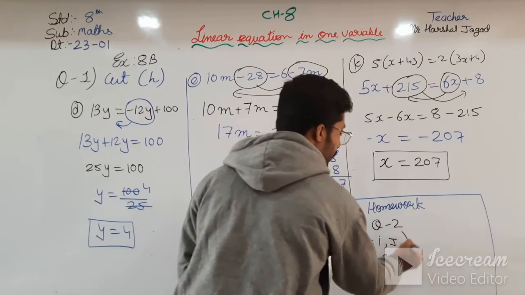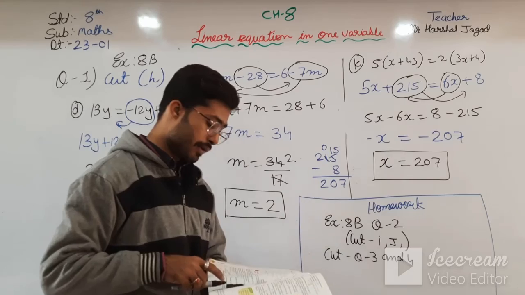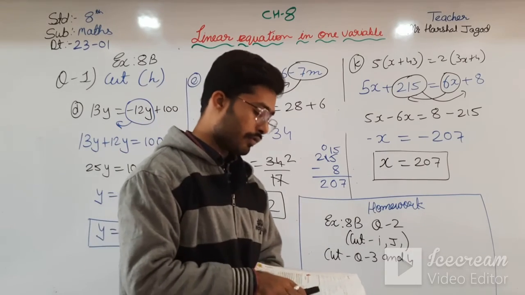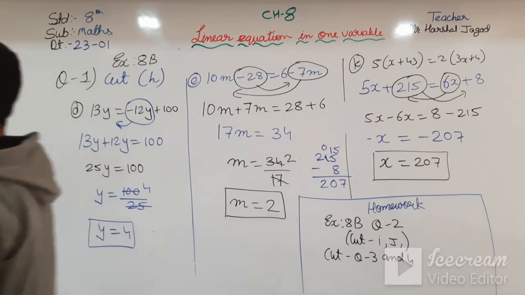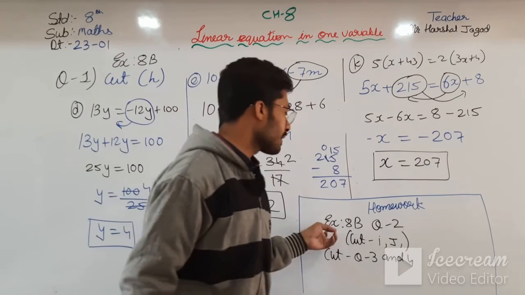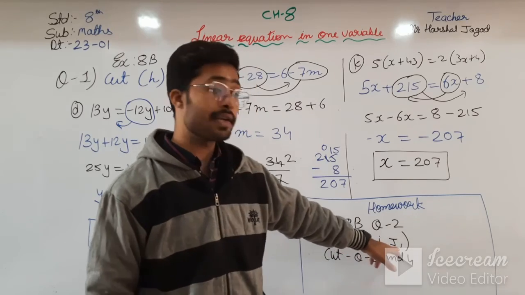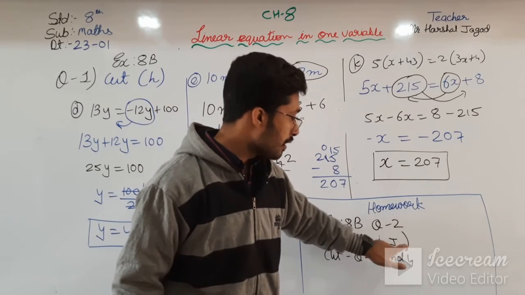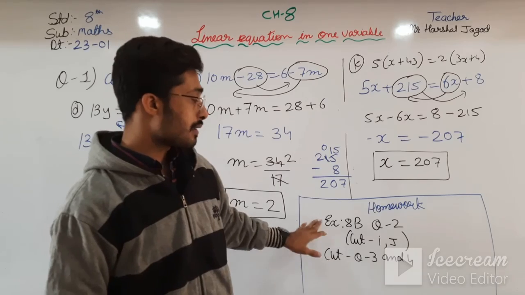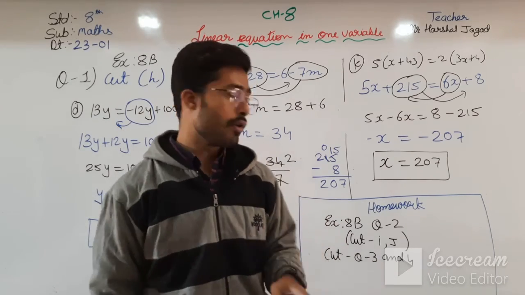This is from question number 2, and full question number 3 and question number 4 you have to cut off. Okay students, so this is your homework. I am just repeating it again: exercise 8b question number 2, from that you don't do I and J. And also from exercise 8b question number 3 and question number 4 you don't do.